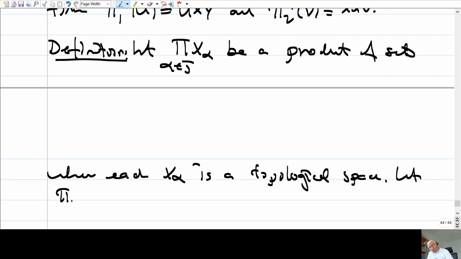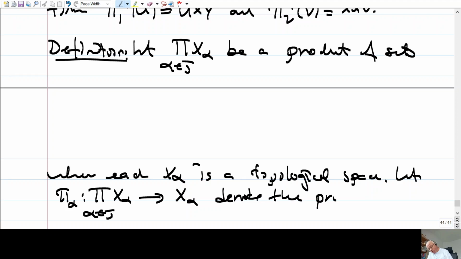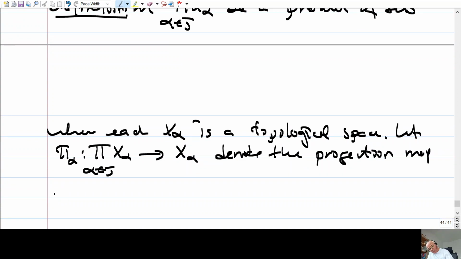Let pi beta denote the projection map, given by the following. I cannot use alpha here because alpha is an index, so I use beta.